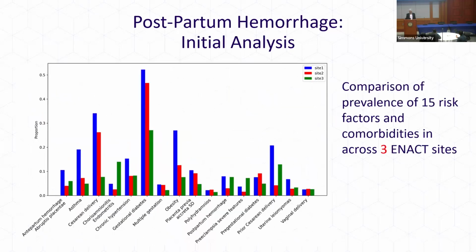And we've just started to do some initial analysis on this particular data set. This is only looking at 3 sites. What this is looking at is comparing the prevalence of the 15 risk factors and comorbidities that we had identified from the previous study, which looked at counts. What's pretty interesting is that the prevalence of these risk factors and comorbidities, some of them especially, can be quite different across the sites, and that reflects the population that these sites have.